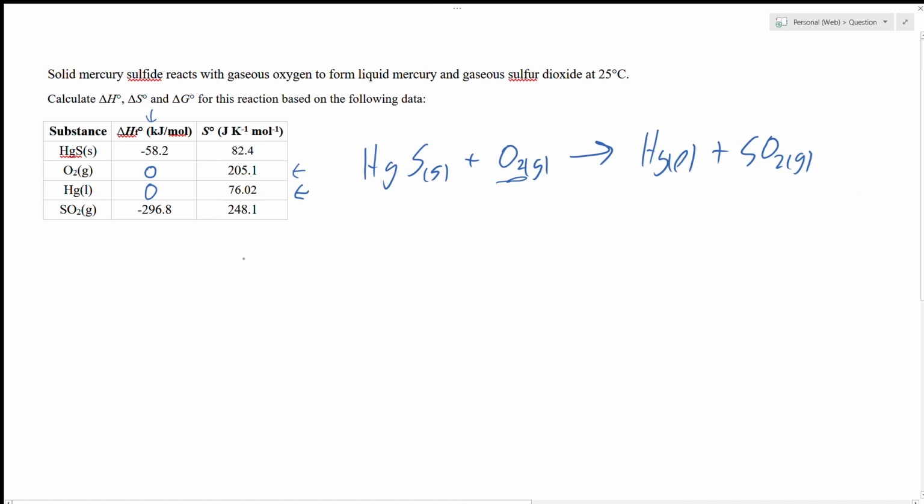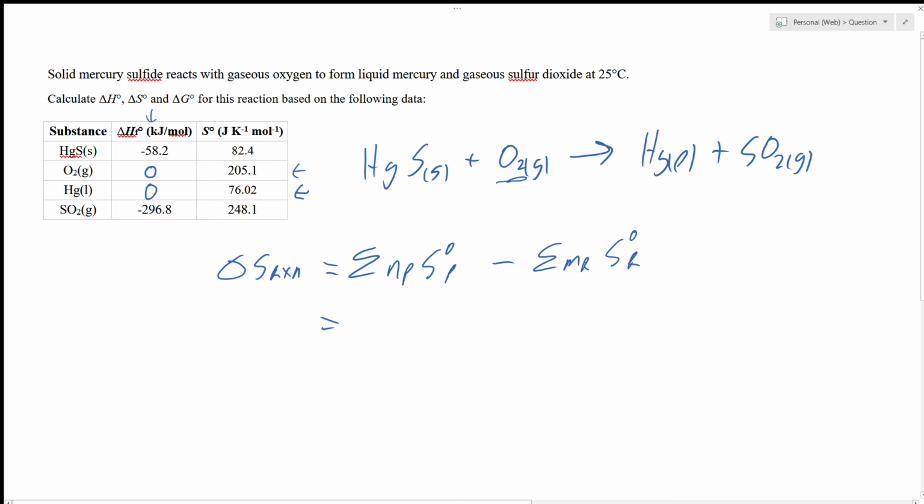So how would we work this out? The delta S of the reaction, S0 reaction, is going to be the sum of the number of each one of our products times the S0 of our products minus the sum of the number of all of our reactants times the S0 of our reactants.